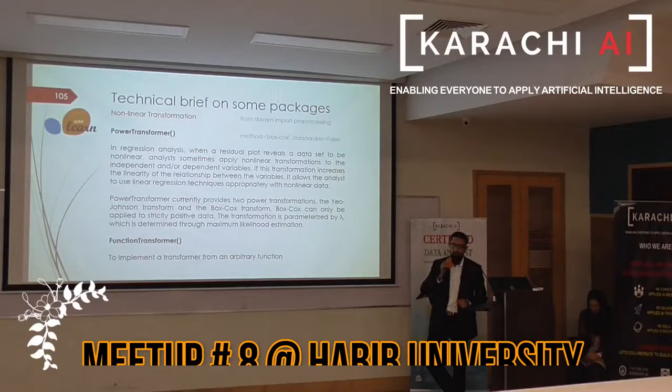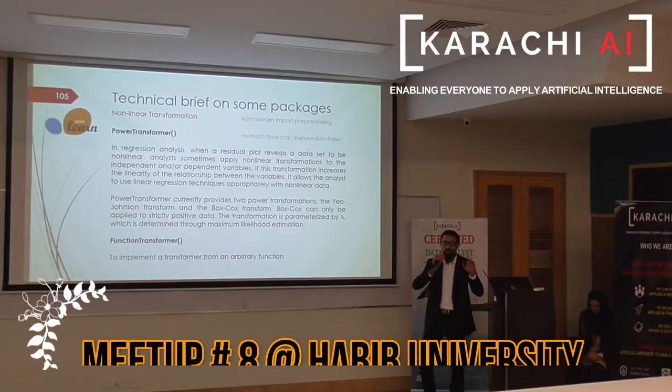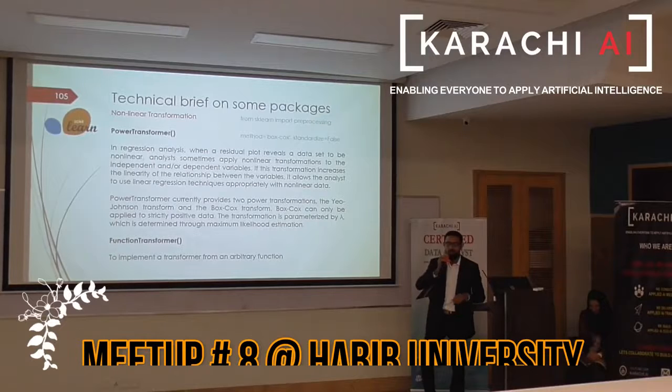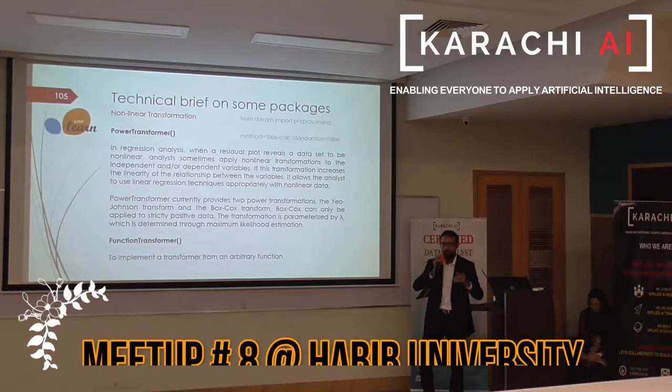Obviously, the business was operating for 10 years or so, but it was on other systems and its data wasn't available. So in the end, you are not working on the population, you are working on a sample, which could have belonged to any of the distributions out there. So maximum likelihood estimation tells you, for example, if you have 5 different distributions, what's the likelihood that this data point belongs to this distribution? You calculate the likelihood for all 5 of them, and then you see where your maximum likelihood comes, and that is the distribution from which this sample must have come.